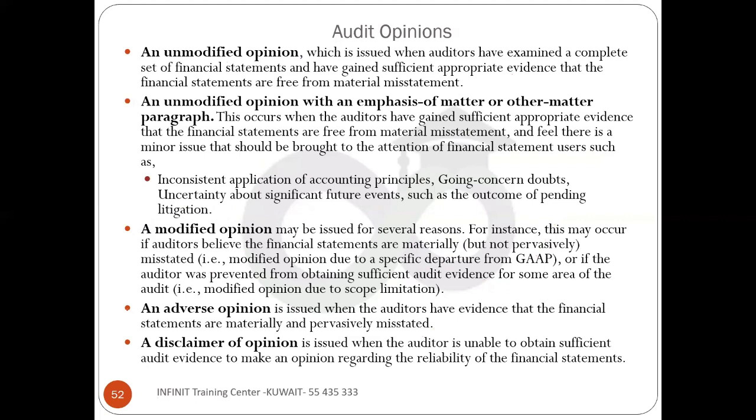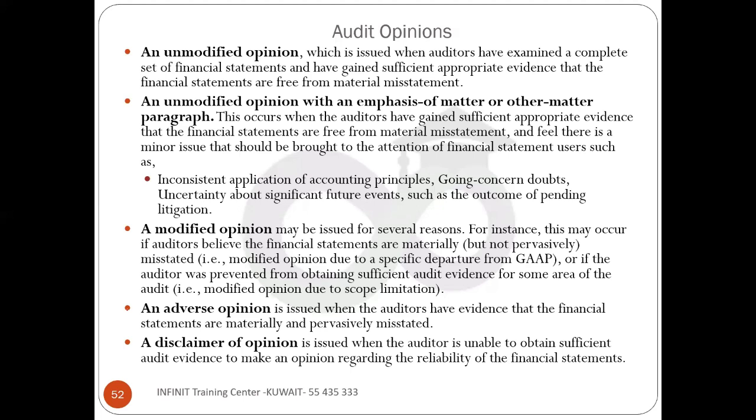Unmodified opinion, that means everything is good. Unmodified with an emphasis of matter or other matter paragraph, that means everything is fine, but there can be some small differences. A modified opinion is like, it is materially misstated, or auditors couldn't obtain enough evidence for the numbers they are presenting.